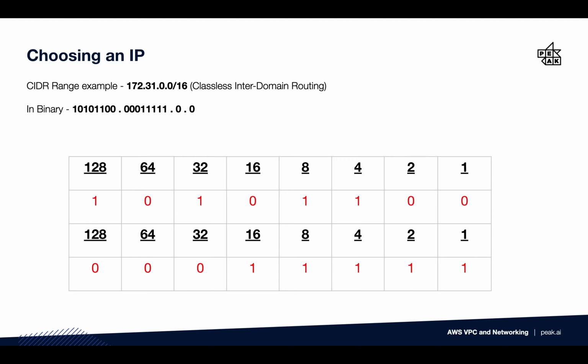So just in case required, we're going to quickly look at some binary arithmetic and working out how we translate an IP address that we see, for example, 172.31.0.0/16, into binary that the machine would see. 10101100, and so on. So this is CIDR notation, classless inter-domain routing.